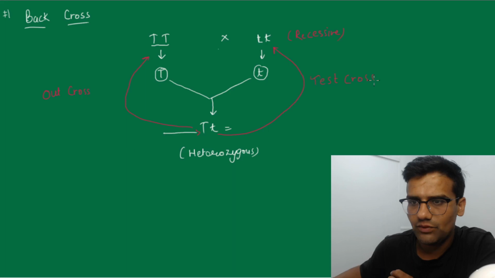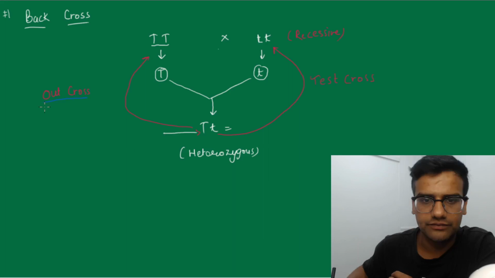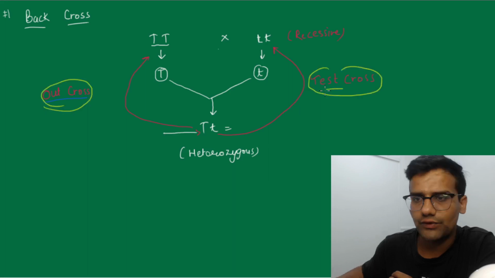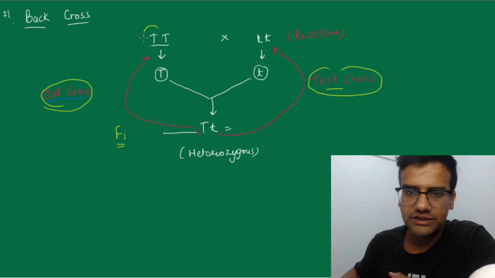So basically you can say there are two types of back cross, the outcross and the test cross. Both of these crosses are part of back cross. If we cross the F1 generation with a homozygous tall plant, then it is said to be outcross.